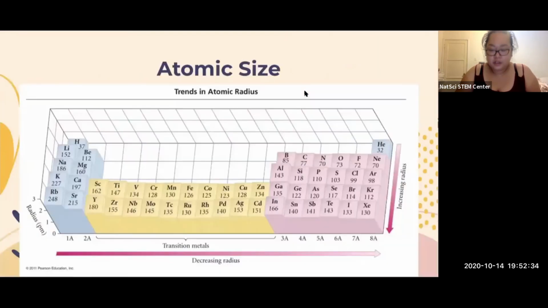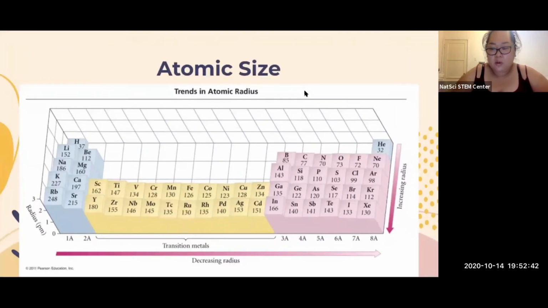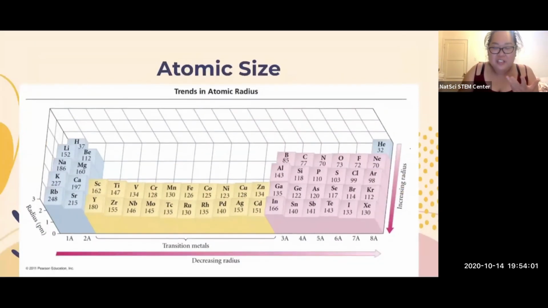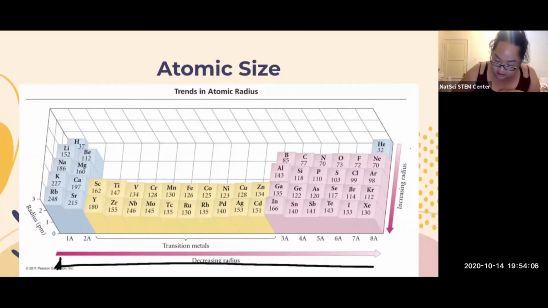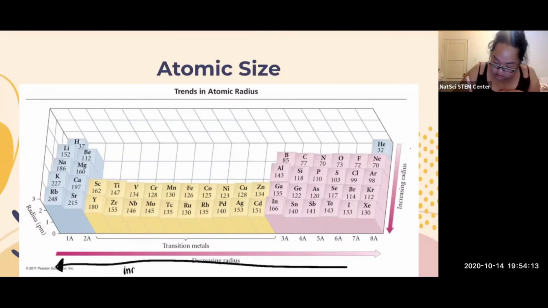Now we're going to go into periodic trends. This is atomic size. You should write this on your periodic table, and you can take a picture of it after. This is what happens with increasing and decreasing. In this direction you're increasing in size, and decreasing when you go up.